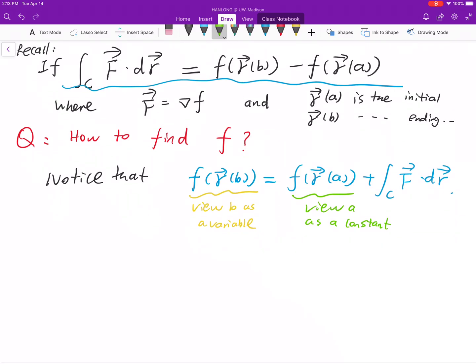No matter what the right hand side is, it's a function of b. So you derive the formula for this potential function f by this form. Therefore we need to calculate this.